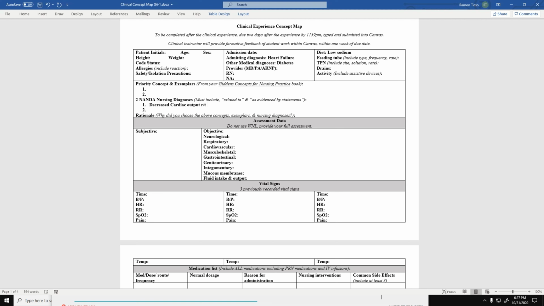Related to impaired cardiac function, increased preload, decreased contractility, and increased afterload.